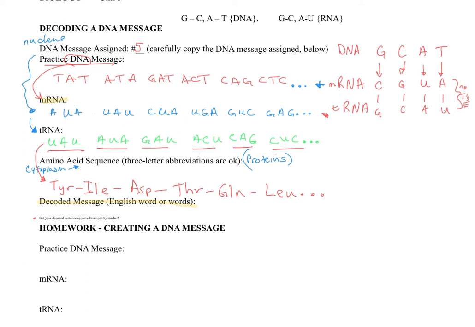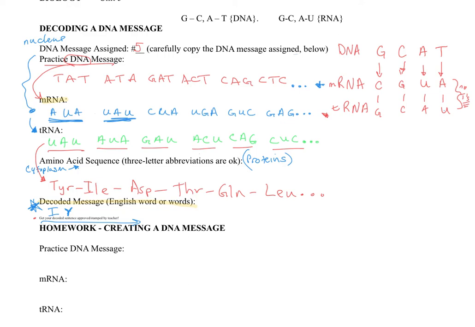Okay, so AUA, UAU, and on. You'll just keep doing that for each triplet codon in the mRNA to check your work and make sure that your translations are correct. That's the whole point of this.